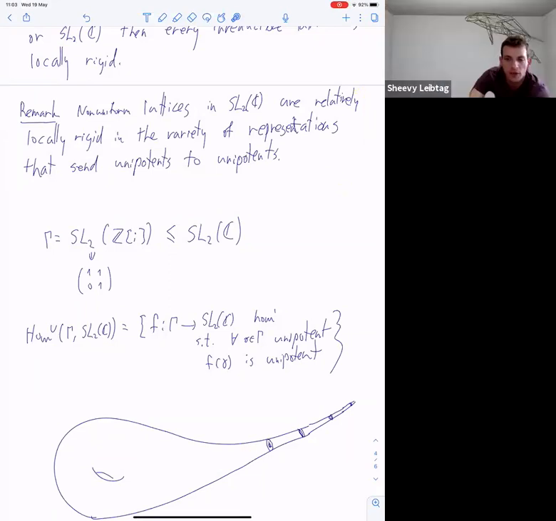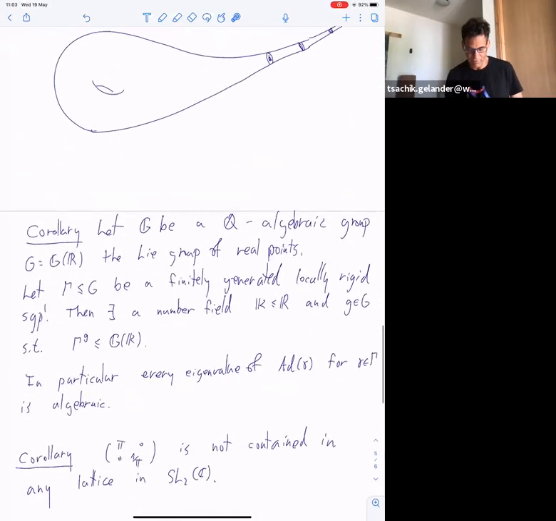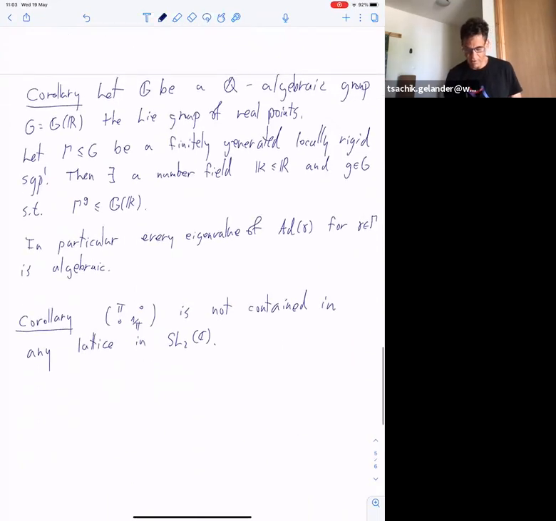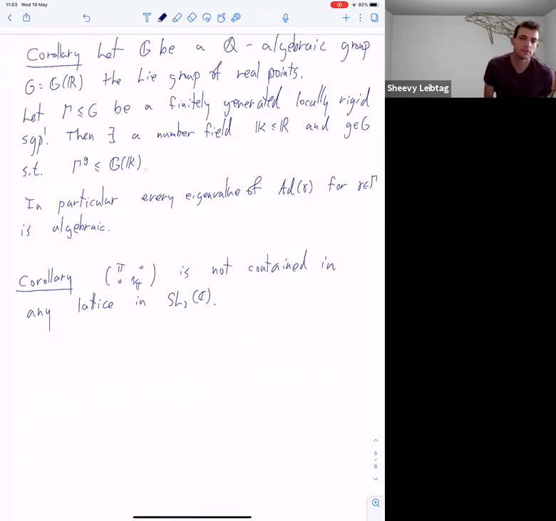So in the application, you can write relative local rigidity instead. Yes. I will explain the proof of that corollary, and you will see that you can apply it also with relative local rigidity. So when you use the corollary, the G is not SL2.